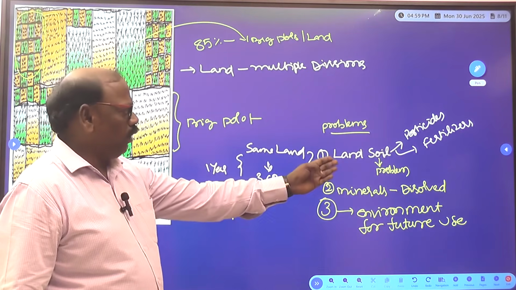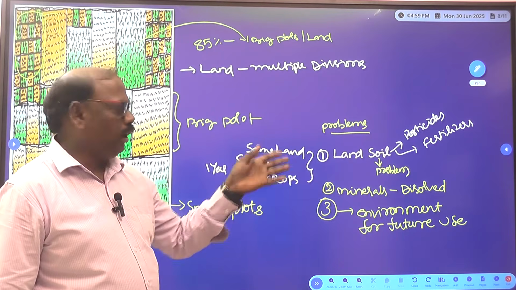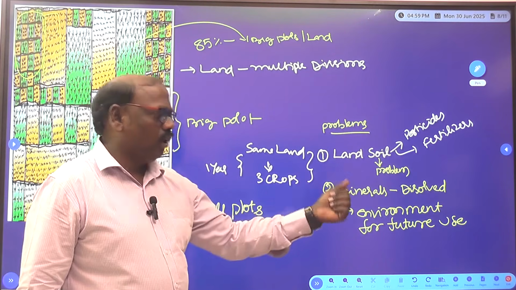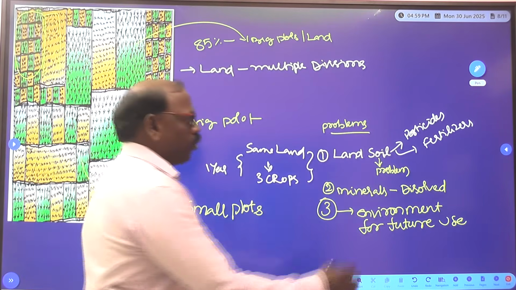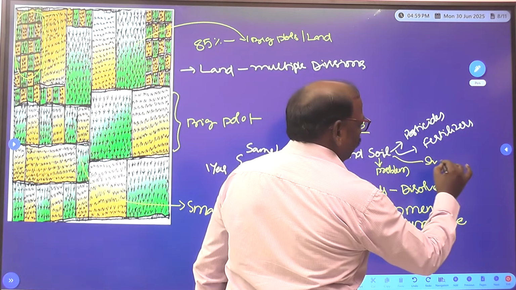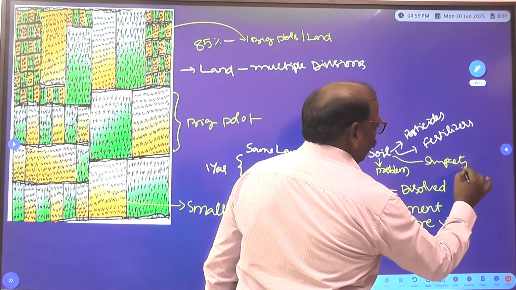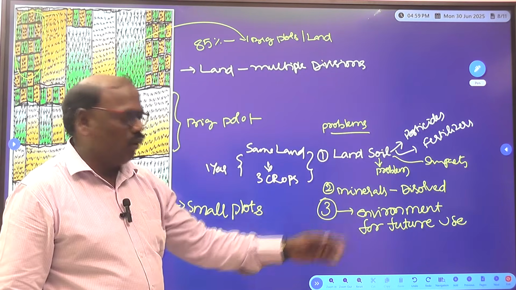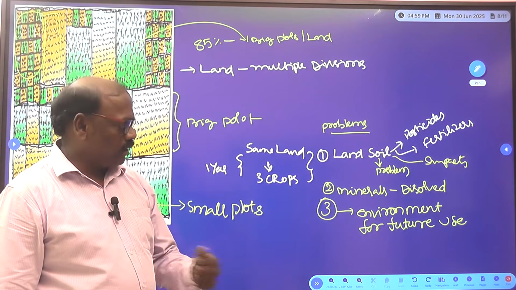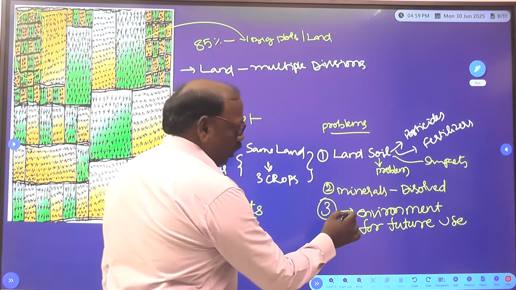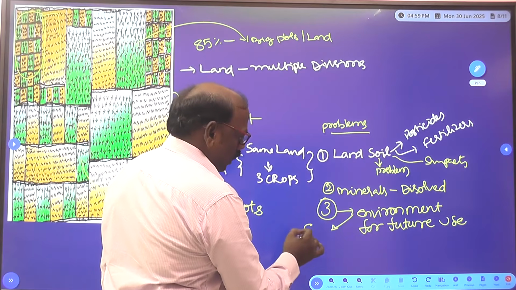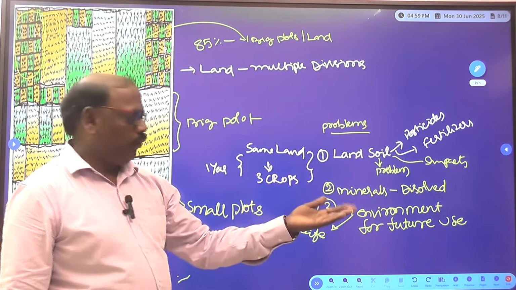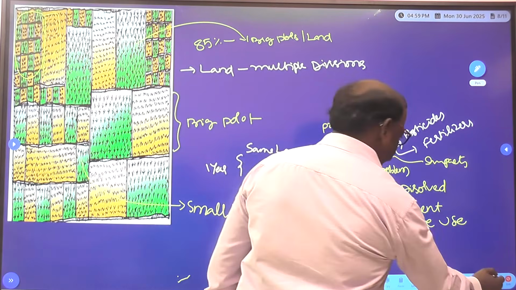Because if you use the same land again and again, with multiple crops happening in 1 year, obviously minerals will get dissolved, and the land soil will get impacted. It will also impact the environment, because as citizens we need to keep the environment safe for future use and for future generations as well.